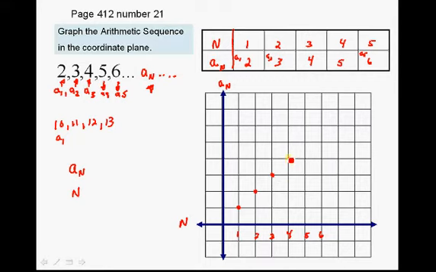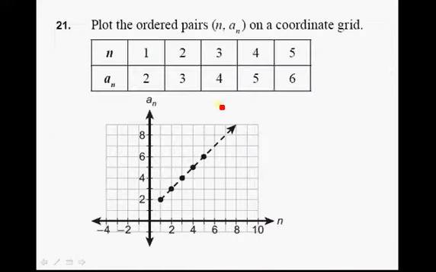And you can see the pattern. At this point you don't even have to think. It just goes up and up and up from there, right? Okay, that's how this one works. This is how they show the answer in the solution guide. And it's the ordered pair n, comma a sub n.